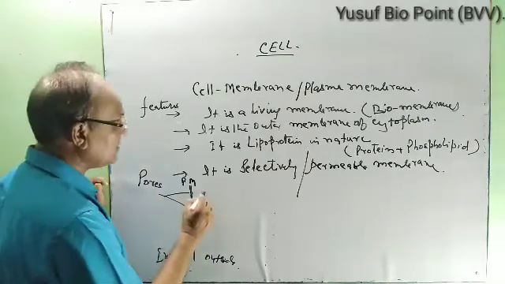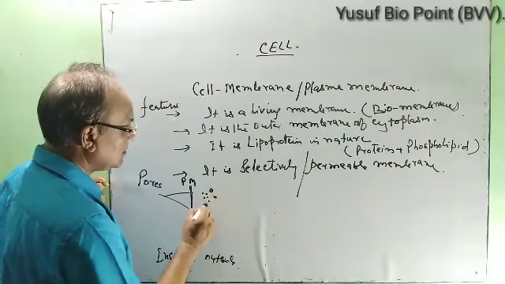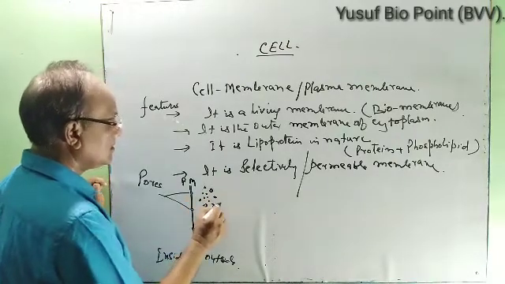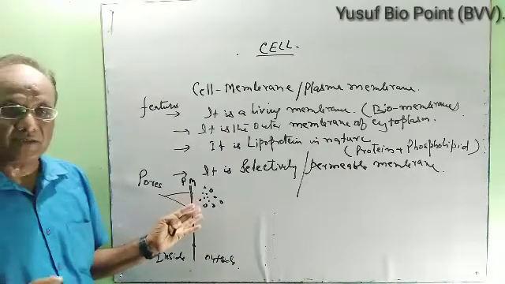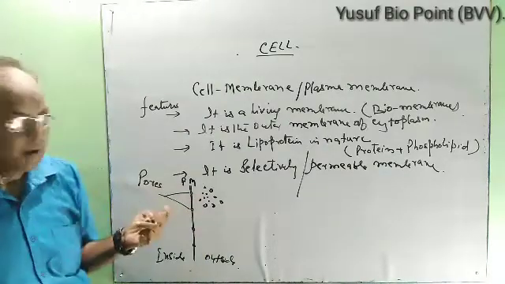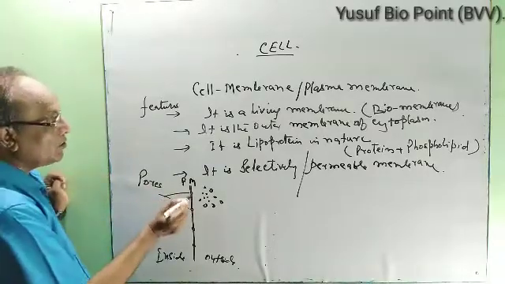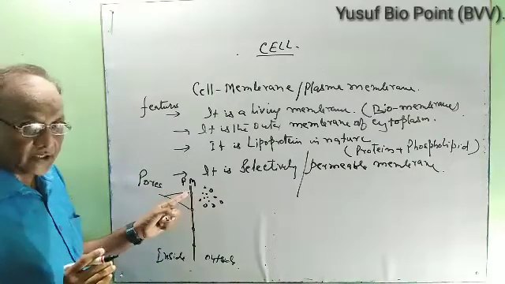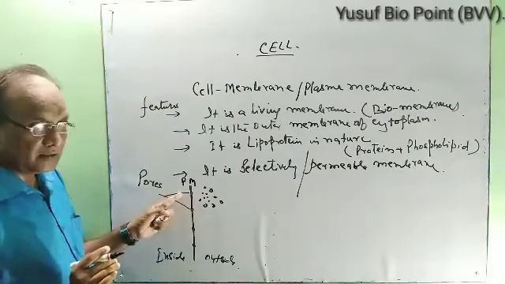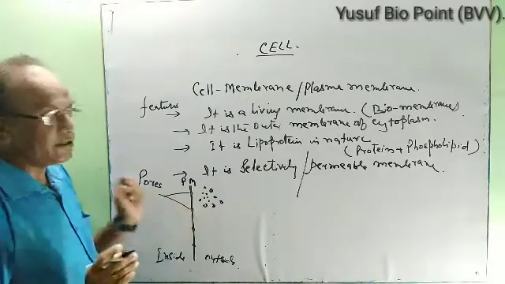Suppose there are particles of varying size, different sizes of particles are found, but the pore has a certain limitation. Those whose diameter is below that will pass, and those above that will not pass.